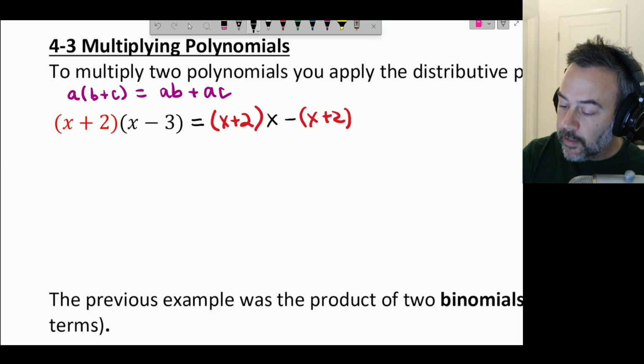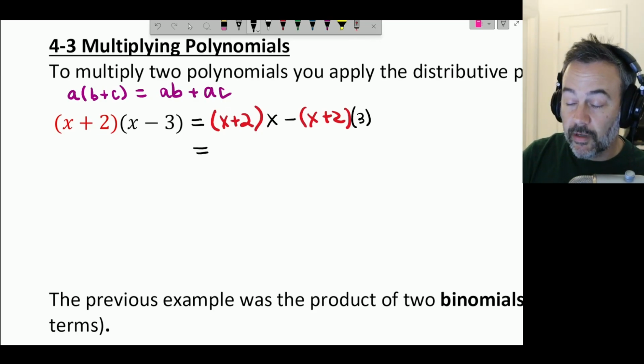Because I have the minus here, I put the minus there. Simplifying this a little bit further, I would distribute the x with the normal distributive property. Yes, I know I wrote the x on the right, but that was because I was distributing the x plus 2 to x and the x plus 2 to negative 3.